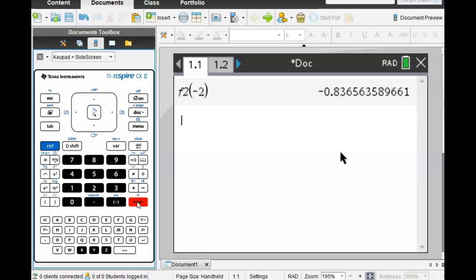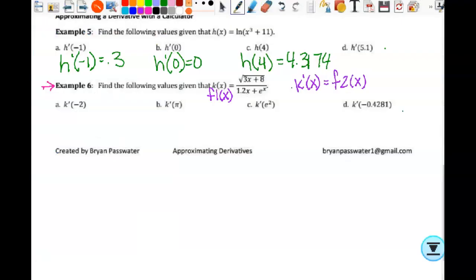Remember, your answers have to be accurate to 3 decimal places. You can write 4 decimal places if you want, and then you don't have to worry about rounding or anything like that. And whether you round or truncate, which means you just chop it off, either one of those is fine. And because what I have on my paper didn't really print right, I may not have all the decimals here, but k prime of -2 equals -0.8365.